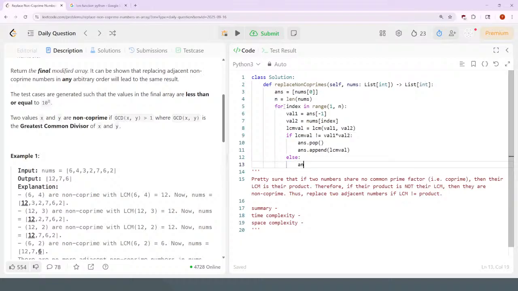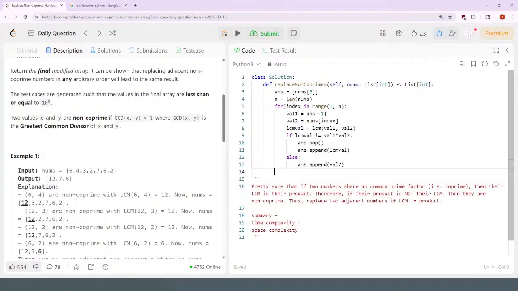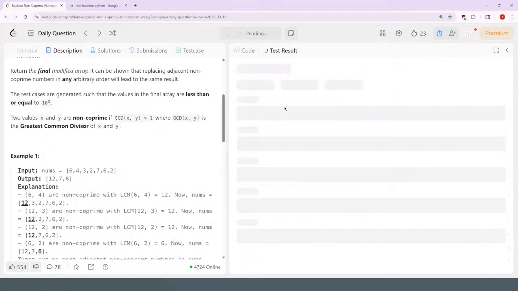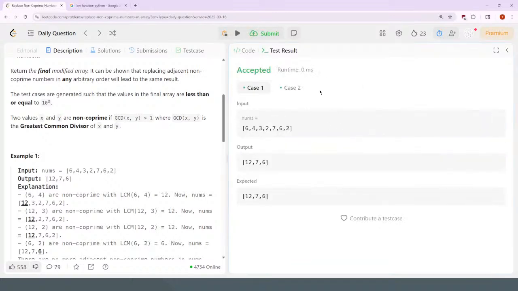So answer append value 2. There are some optimizations I think I can do here, but I think this might work depending on how fast LCM is. We'll see how fast LCM is when I need to optimize that.